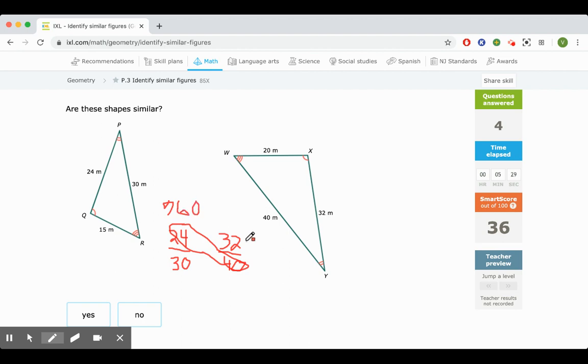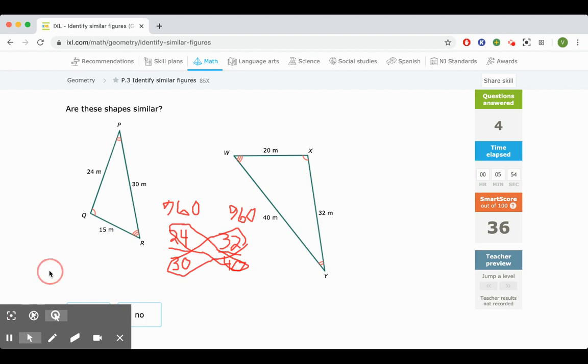Then I'm going to cross multiply 30 and 32. And that'll also give me a 960. So the cross products are equal, which means this is a proportion. So the corresponding sides are proportional, and the corresponding angles are congruent, which means that these figures are similar figures.